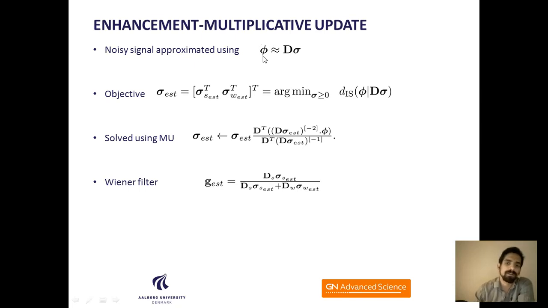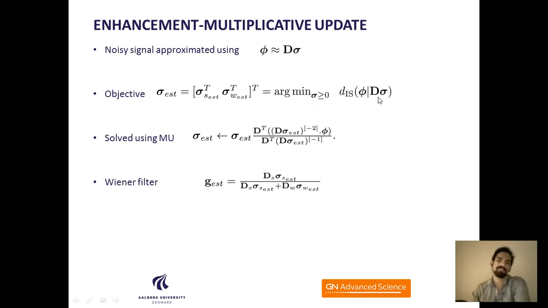and since we are considering supervised enhancement here, our objective is to estimate sigma given phi and d, and this is done by maximizing the likelihood. As we explained before, this corresponds to minimizing the rate of divergence between phi and d sigma.